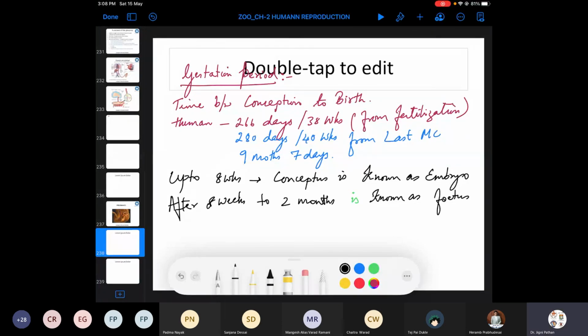After 1 month of pregnancy, the heart develops.